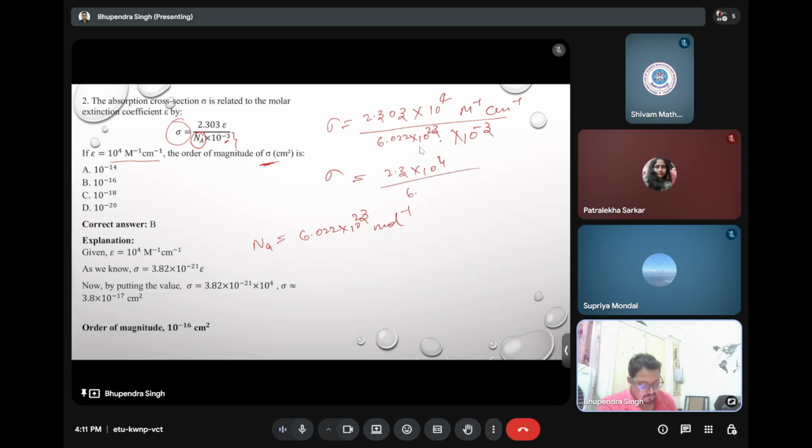Divided by 6.022 times 10 to the power 23, this becomes 20, and it will be 10 to the power minus 16.